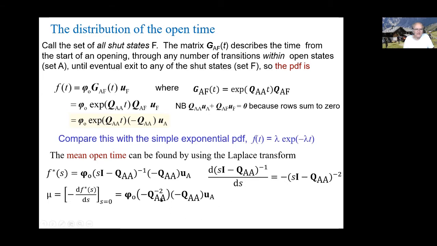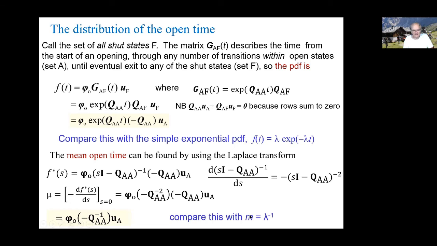So this comes out when you set s equals 0 to that, which of course is just that. So the mean of the distribution is the initial vector times the inverse of QAA added up over the A states.